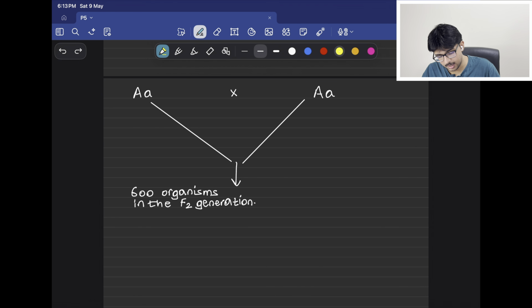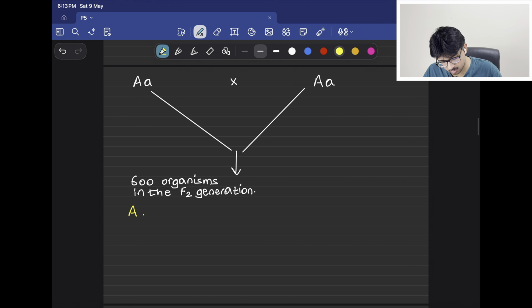If it is capital A, small a, only one set of chromosomes can be passed downwards, meaning there are two possibilities this time. Either the gamete can be capital A or small a, and the same case here because this is also heterozygous.